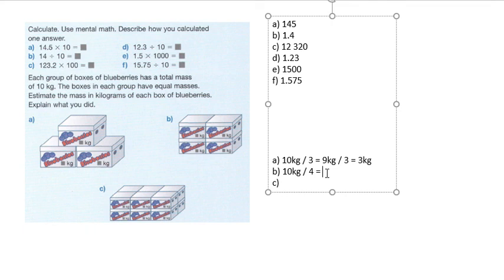Whenever we divide by 4, that's like dividing by 2 twice. So we can say 10 divided by 2 is 5, and then 5 divided by 2 is 2.5. So this is an exact answer. We're not estimating it, but it's an estimate and a calculation of 2.5, which we did with mental math.